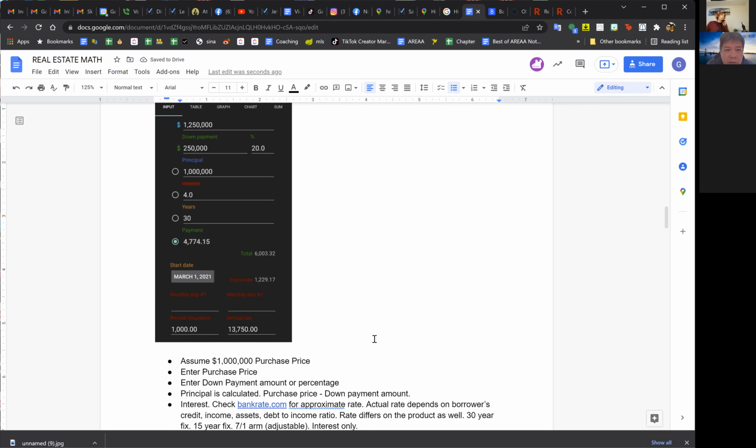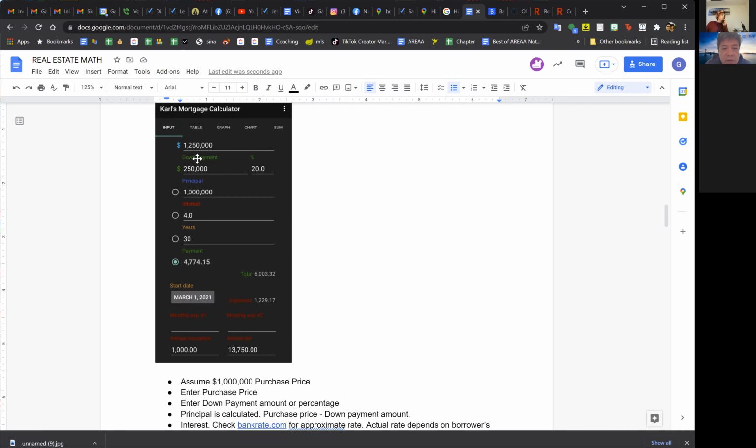So, okay, let's just work with the numbers here on the screen because I have it, right? So they want to purchase something for 1.2. They have 250,000 cash. That means they're going to purchase at 4% interest, 30-year fixed, 13,750 for annual tax, about 1,000 for the insurance. This means that their total monthly commitment should be about 6,000.